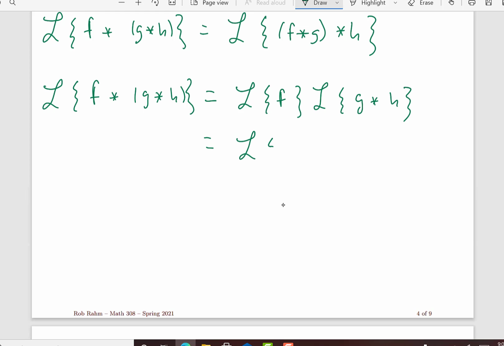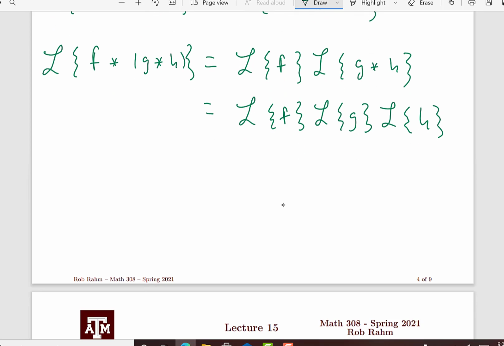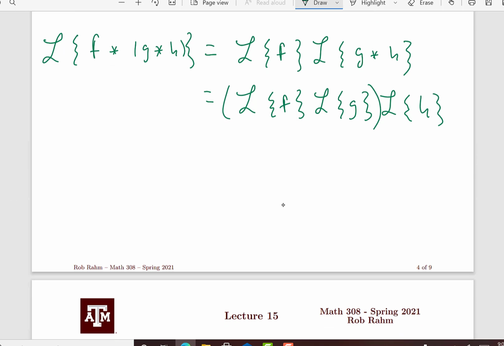And this is the Laplace transform of f times the Laplace transform of g times the Laplace transform of h. Okay, and now I can put parentheses like this because remember, multiplication is associative.